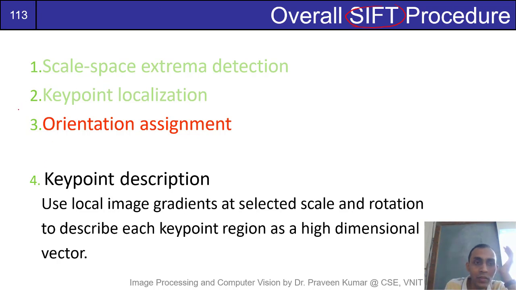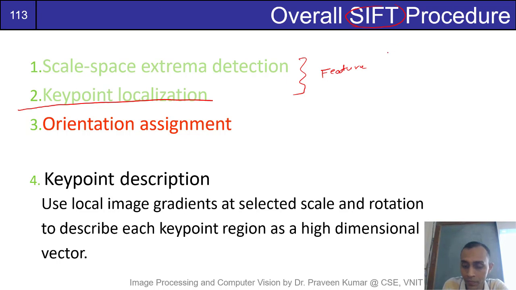In the last class we discussed the first 2 steps, which are for feature point detection, and the third and fourth are for describing that feature.